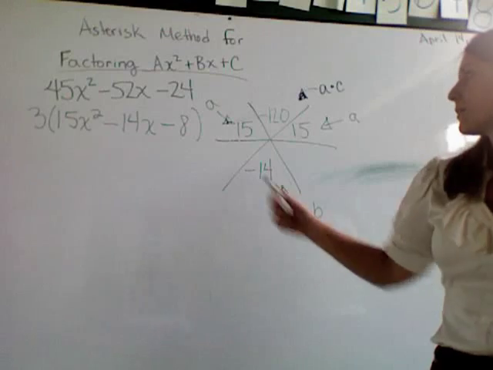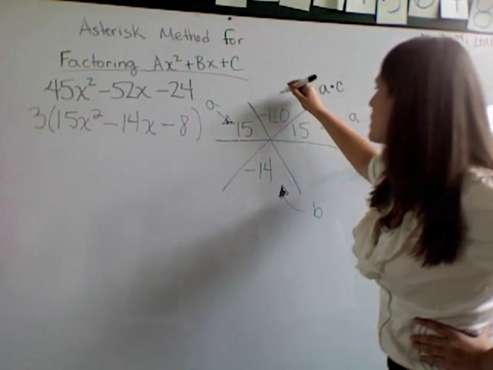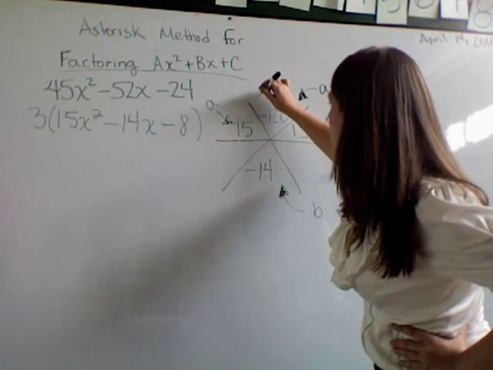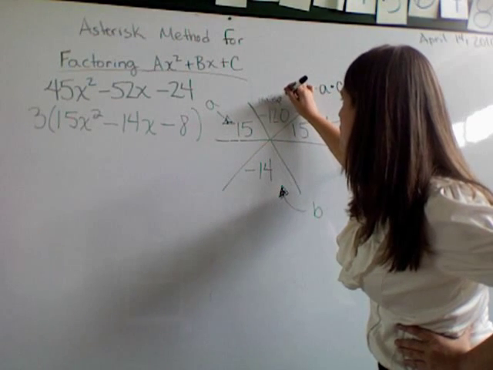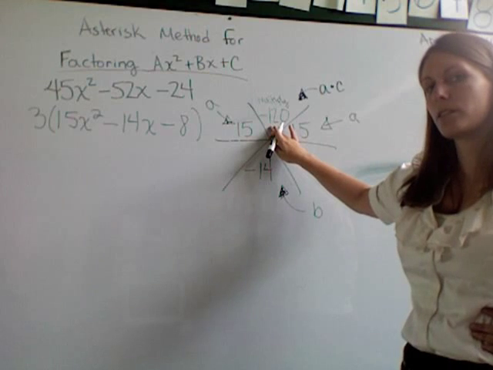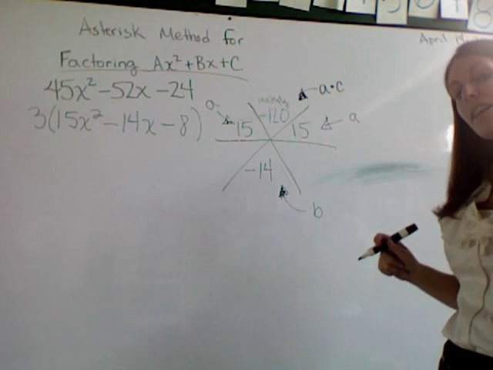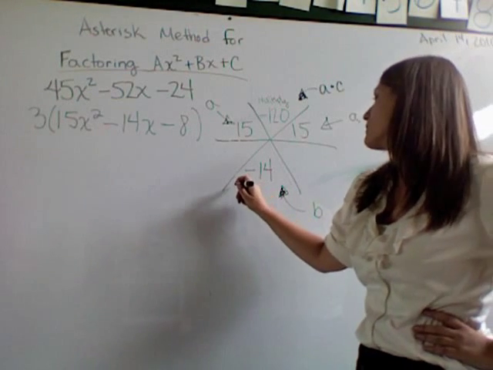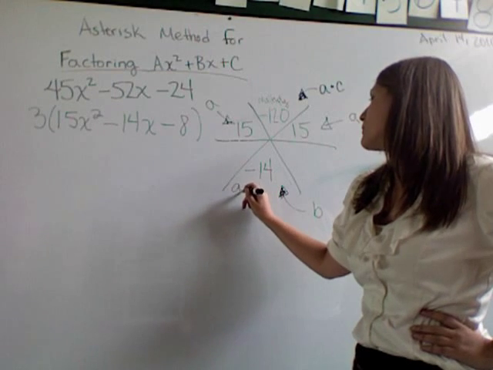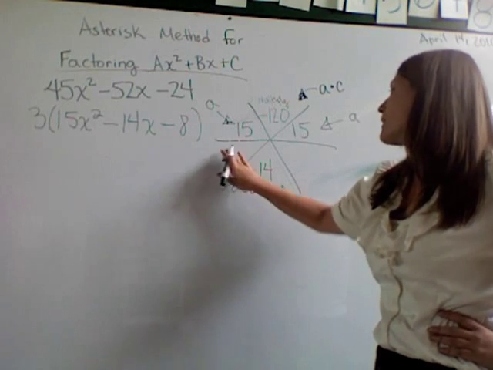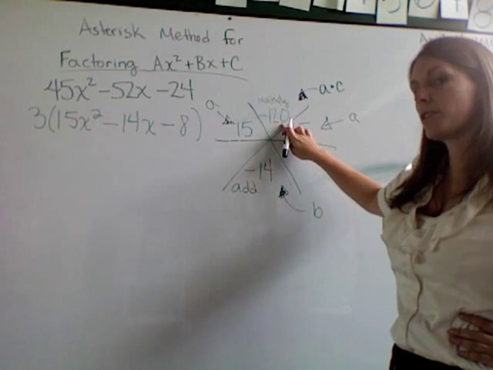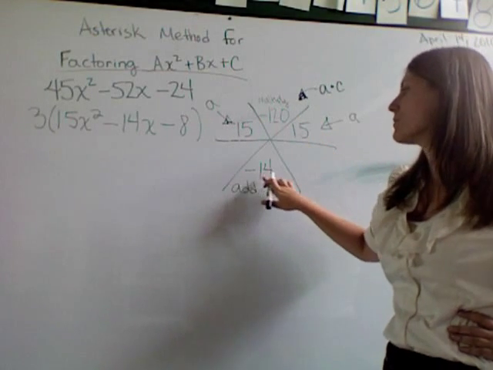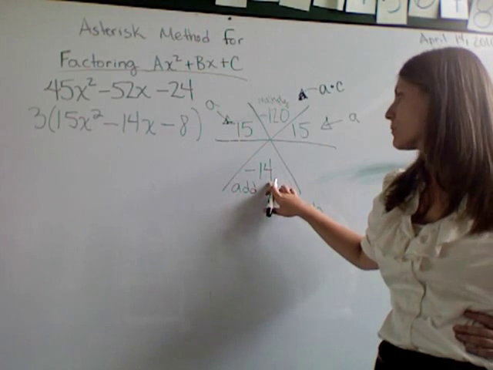Well, the numbers that go here and here are going to be 2 numbers that when I multiply, I get negative 120. But when I add those same 2 numbers, I get negative 14.